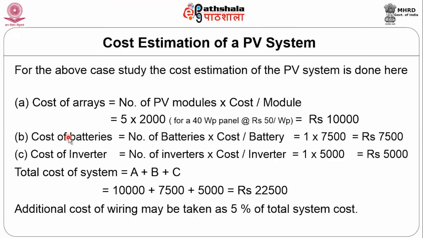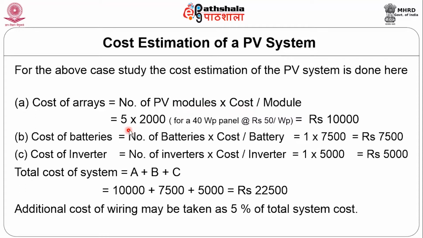So, we have chosen a 40 wattage panel, one battery, and a 200 VA inverter, and we have two CFL lamps and two fans for operation. What would be the cost of the entire unit for the above case study? The cost estimation of the PV system is done here. The cost of array, that is the number of PV panels, 5 panels, into cost per module.